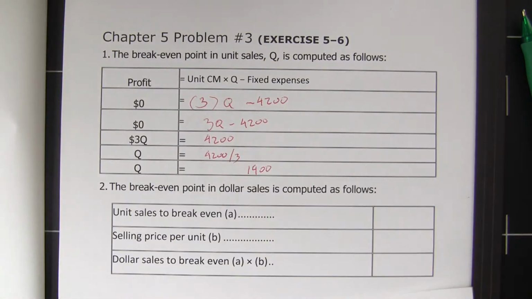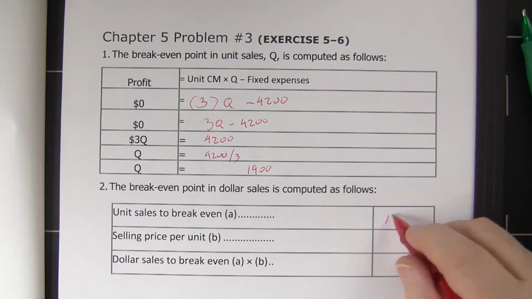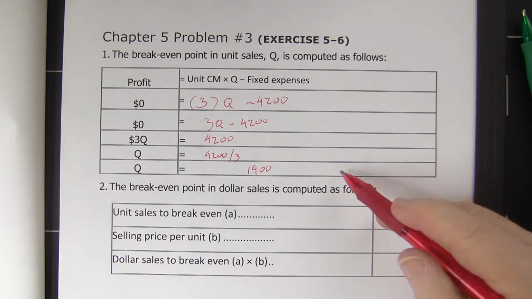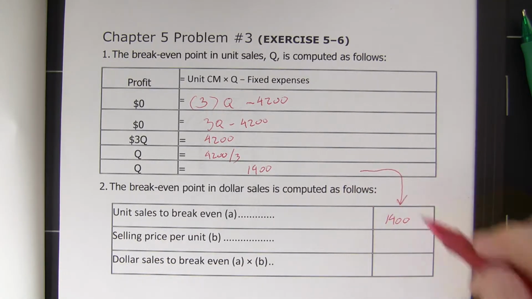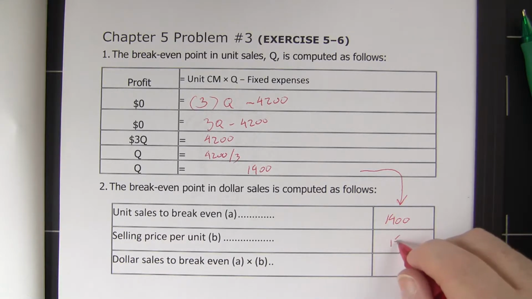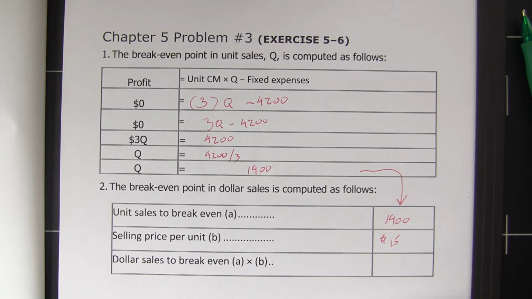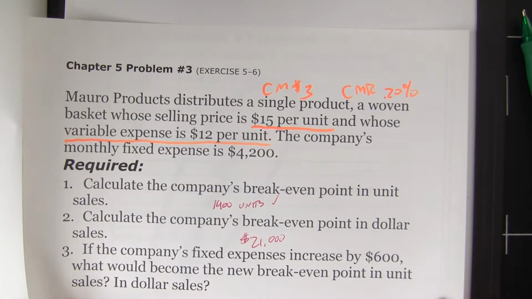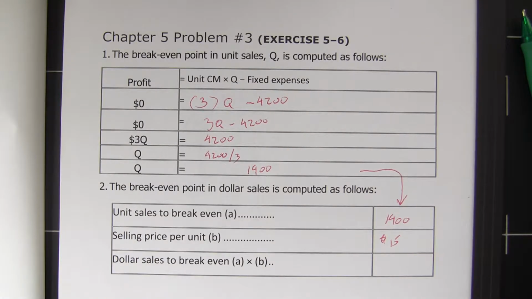Now let's do the break-even point in dollars. The unit sales to break even is 1,400. That's what we just figured out here. The selling price per unit is $15. That was given to us in the fact pattern. $15 times 1,400, 21,000.